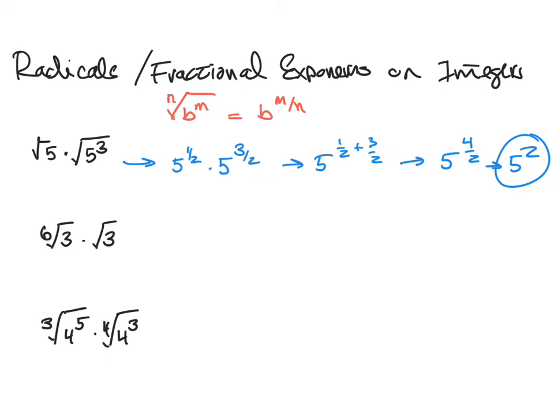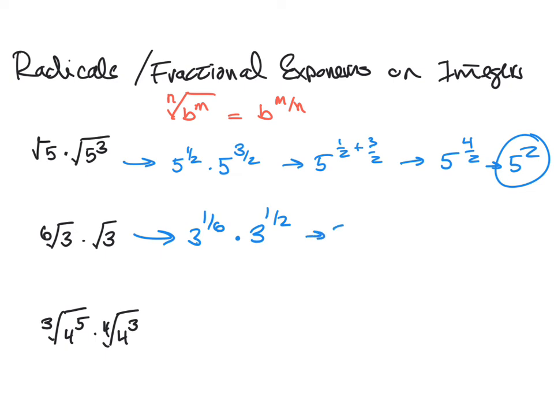Okay, easy peasy, right? Okay, let's try the next one. Okay, so a similar kind of question. Here I'm going to write it with exponents. Base is 3 raised to the 1/6 power times 3 raised to the 1/2 power, because this is an implied square root without a number there. It's just a square root. I mean, a root without a number is just a square root.